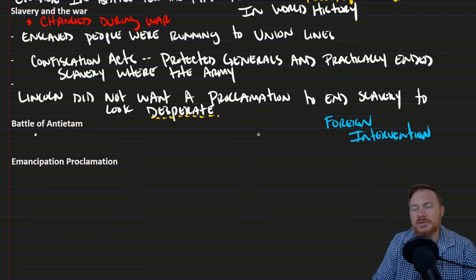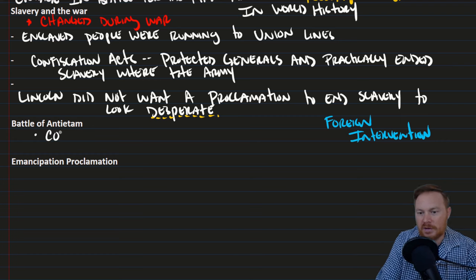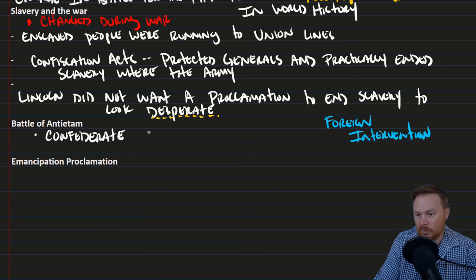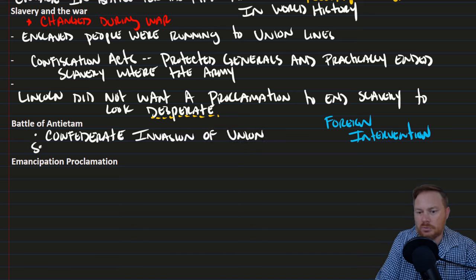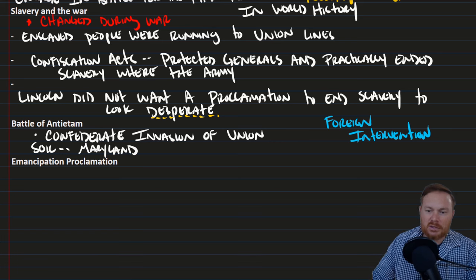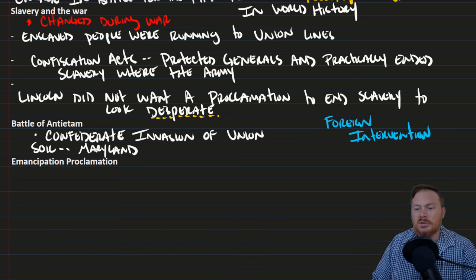The Battle of Antietam was, at the time, shocking for some Northerners because this was a Confederate invasion of Union territory. I will say Union soil. It was fought in Maryland. And if you would have gone back at the beginning of the Civil War and told a Northerner that if this Civil War breaks out, the Confederacy has the potential to invade the North, they would have thought that you were crazy.